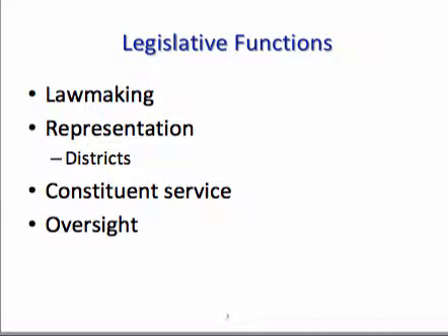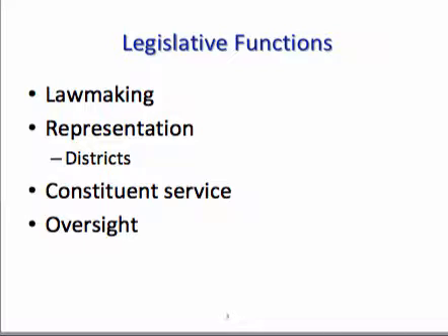The functions of the legislatures are in some ways parallel to the functions of the U.S. Congress. So the legislatures, one of their chief functions, certainly, is writing legislation, lawmaking.